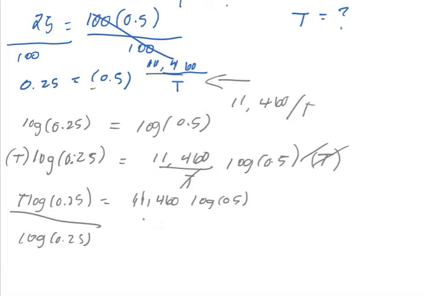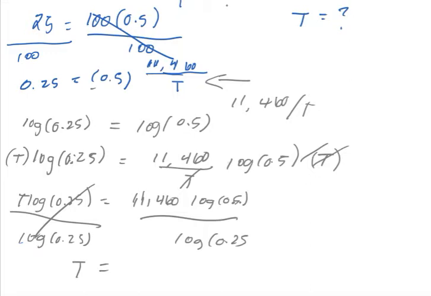So divide both sides by log of 0.25. They would cancel. I'll be left with T is equal to 11,460 times the logarithm of 0.5.